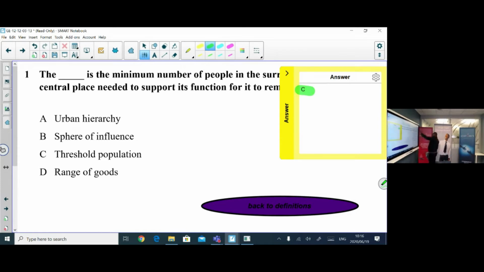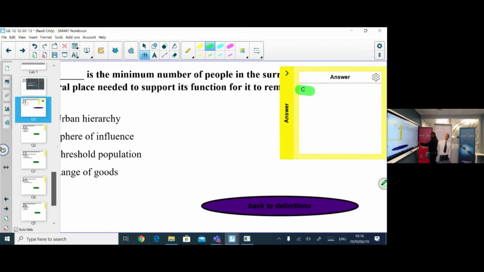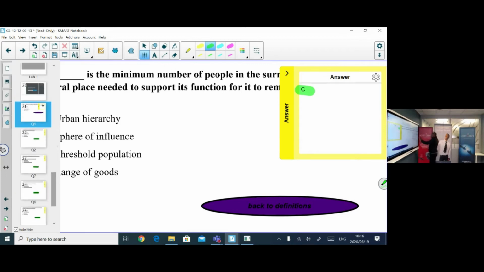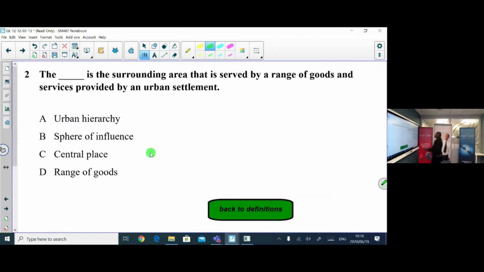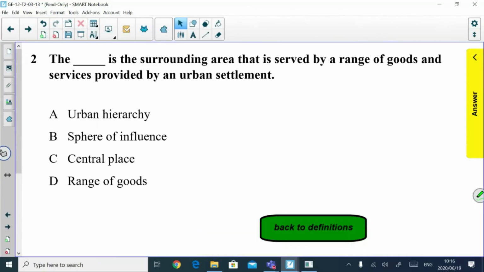And then we need to move on and come to this one. It says the dash is the surrounding area that is served by a range of goods and services provided by an urban settlement. So urban hierarchy, it cannot be. Sphere of influence, it cannot be from the definition that we looked at.